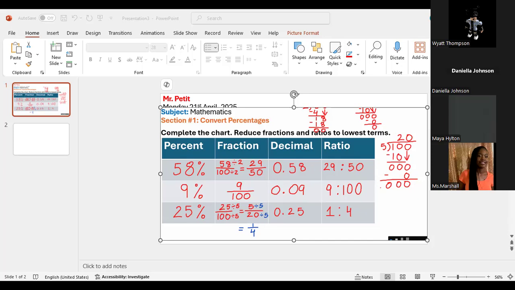The one I'm doing now, I'm on 55%. All right.